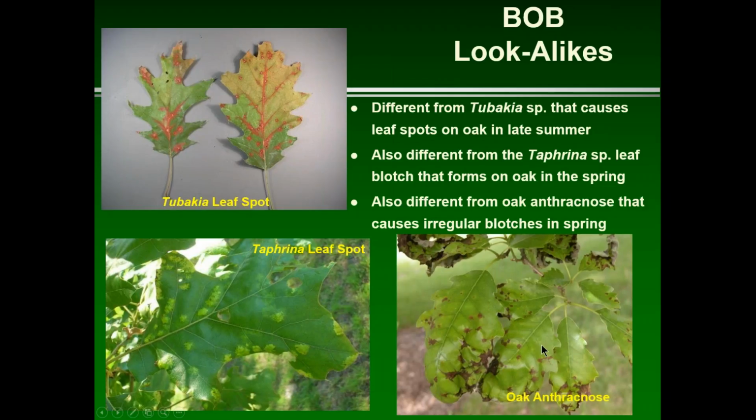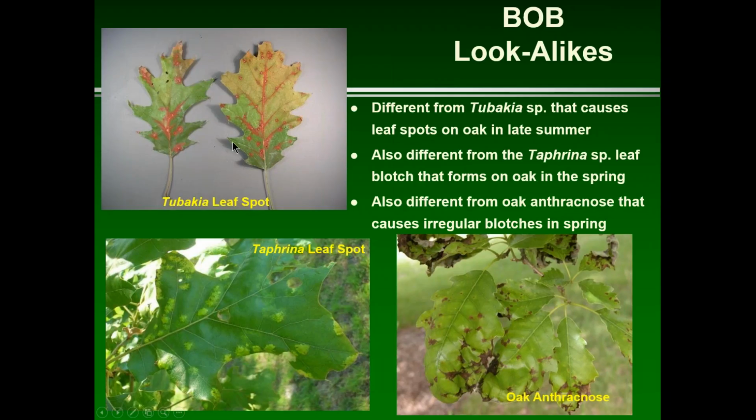And then we mentioned oak anthracnose that is present on all species of oaks as a spring disease, and it makes these irregular blotches that tend to cause leaf deformation and some crinkling of the leaves and can lead to defoliation. The main difference is the Taphrina leaf spot and oak anthracnose diseases are spring diseases, whereas the foliar form of BOB is a mid to late summer disease once we start getting the large leaf lesions beginning to form.